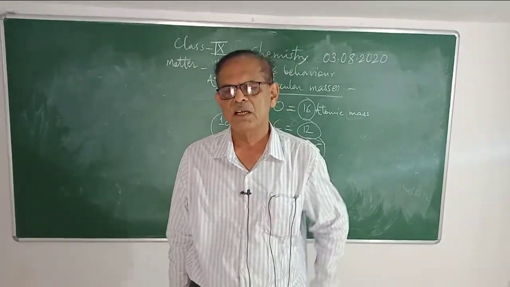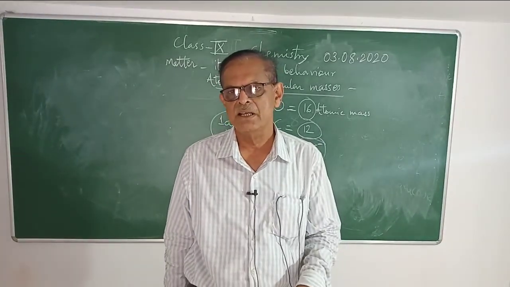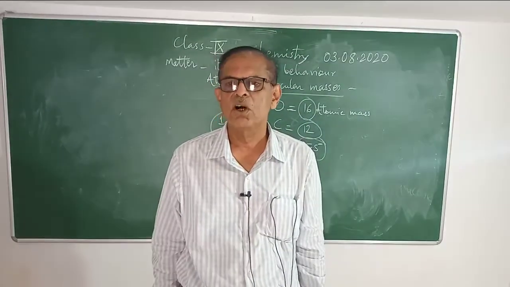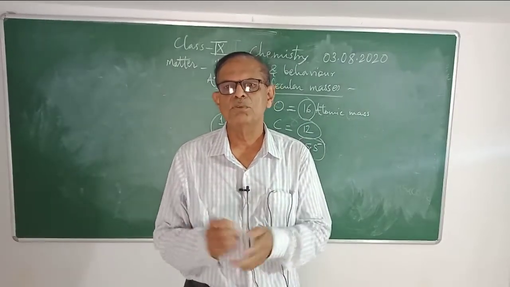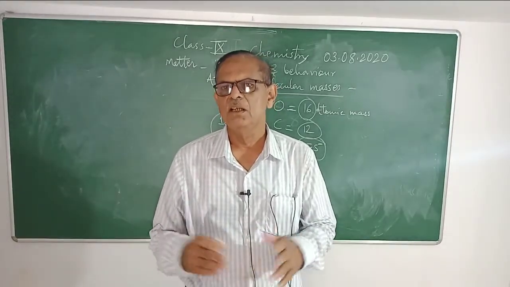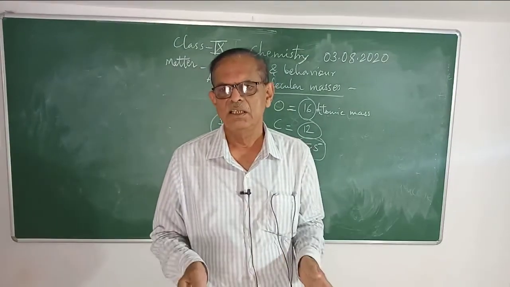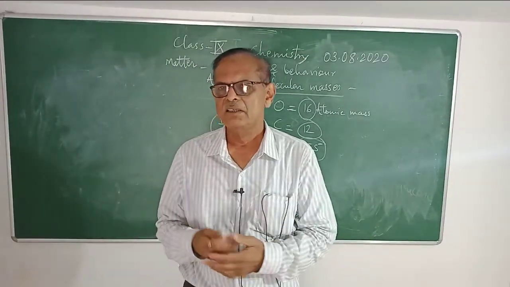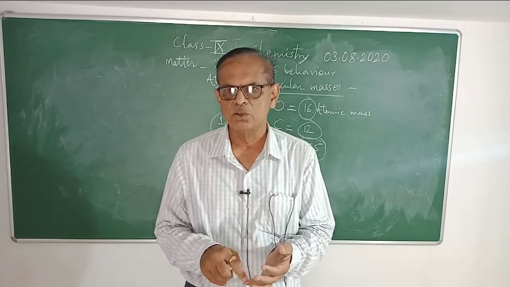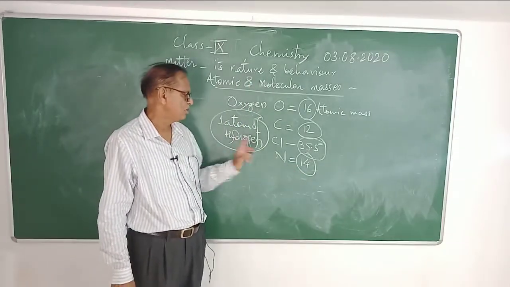So here we are taking the ratio, and as we are taking the ratio, atomic mass has no unit. We say that the atomic mass of oxygen is 16, atomic mass of chlorine is 35.5, atomic mass of nitrogen is 14, and this is the indication that one atom of nitrogen is 14 times heavier than one atom of hydrogen.